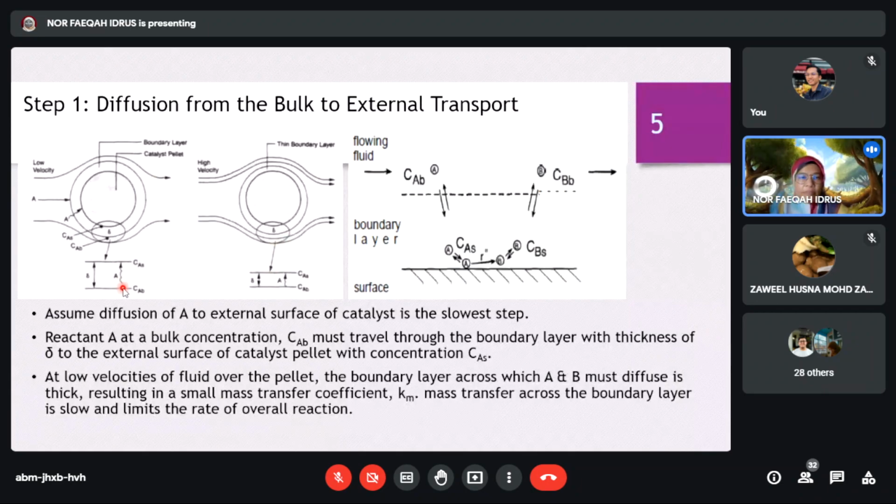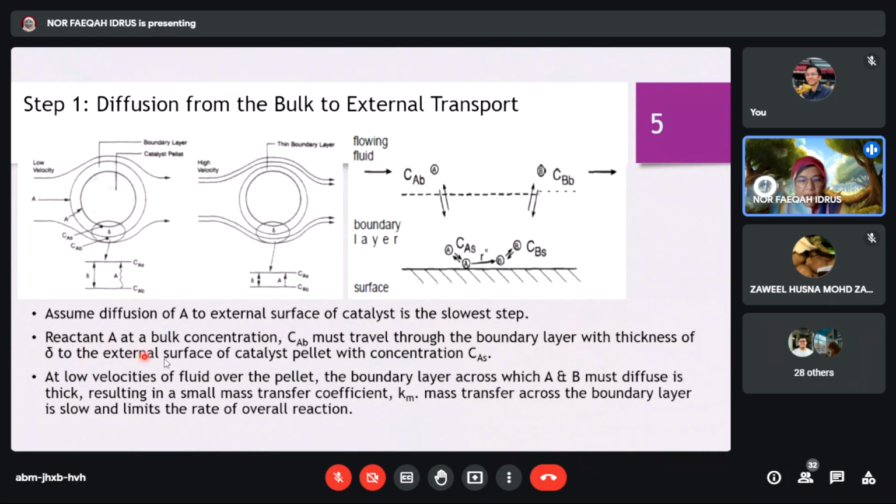So from this diagram, for low velocity of bulk fluid, the diffusion of reactant A to the external surface is very slow. That's why we consider the diffusion of A to the external surface the slowest step.